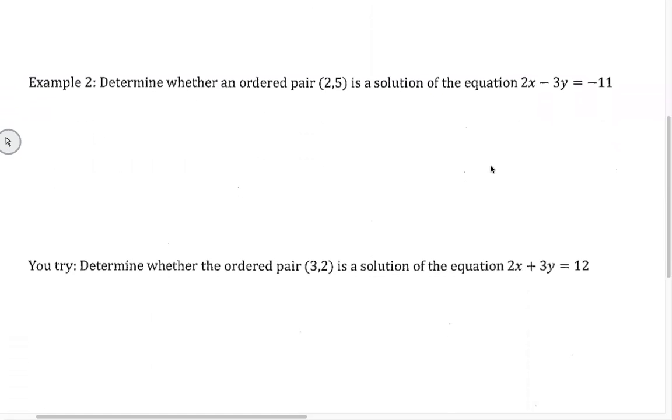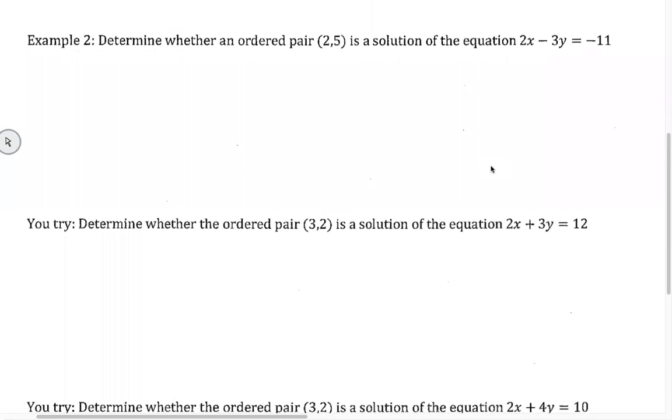Now in example 2, it's a little bit more complicated. Now I'm asking, is (2, 5) a solution to the line 2x minus 3y equals negative 11? So nothing changes. I still label it x, y, and I'm still going to substitute in 2 and 5 into this.